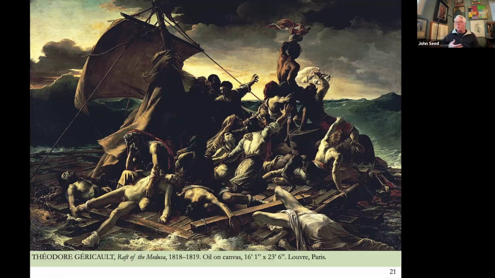And it has a kind of a post-empire point of view. So Géricault searched the newspapers, and initially he had an idea to make a painting about a landlord who had been murdered by his tenants. So that was his first idea. Then he heard about the sinking and the abandonment of the Raft of the Medusa, and he said, no, that's better. And he began to do research on this topic.